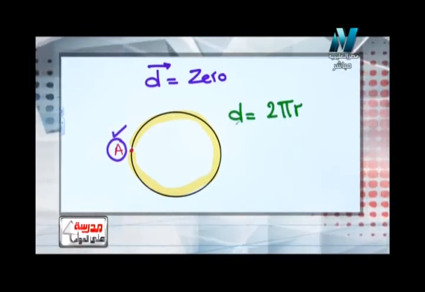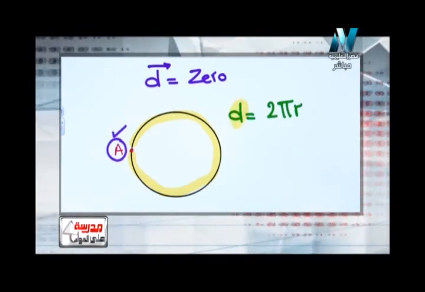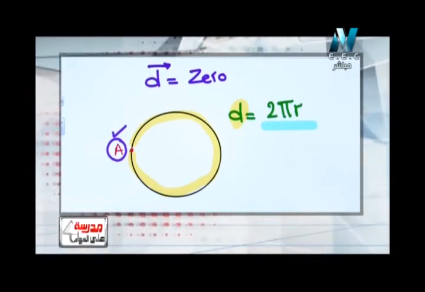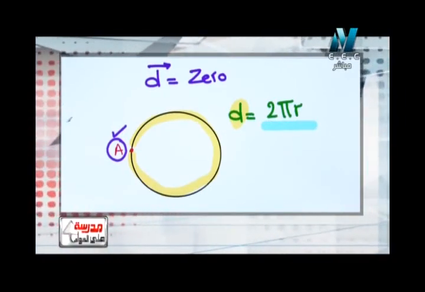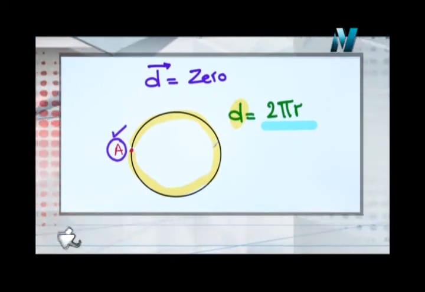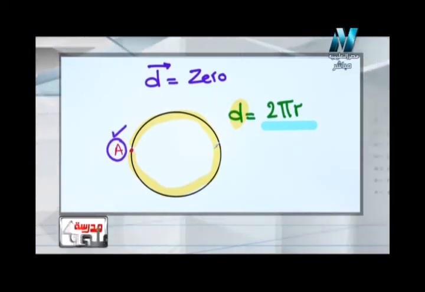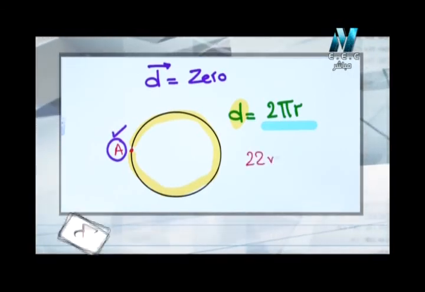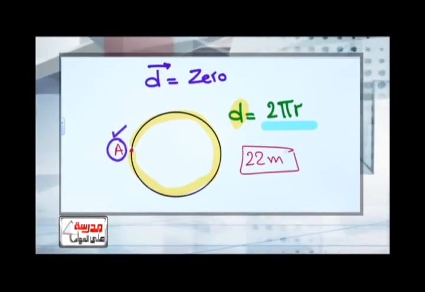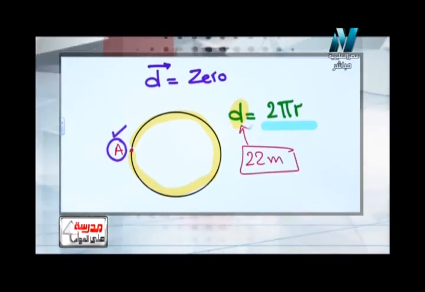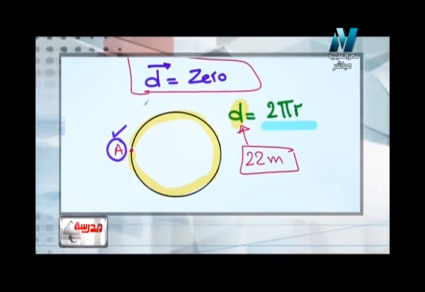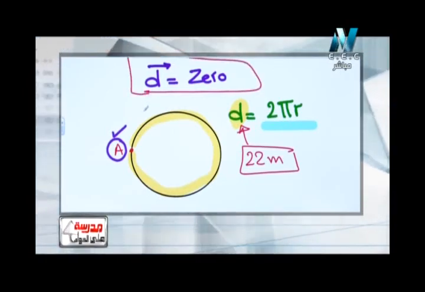So here distance equals the circumference, or perimeter, of the circle. So if they tell me, for example, that the circumference of this circle is 22 meters, then in this case distance equals 22 meters. But the body returned back to its starting point, so its displacement equals 0.